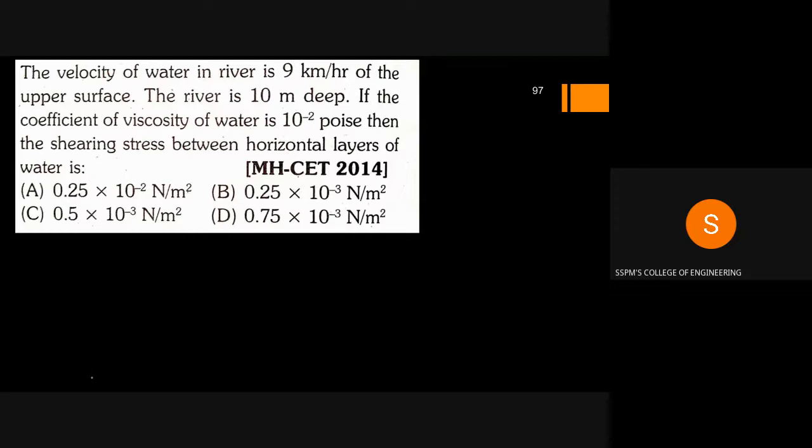For the next problem: the velocity of the water in the river is 9 kilometer per hour at the upper surface. The river is 10 meters deep. If the coefficient of viscosity of water is 10 to the power minus 2 poise, then find the shearing stress between the layers of the water.